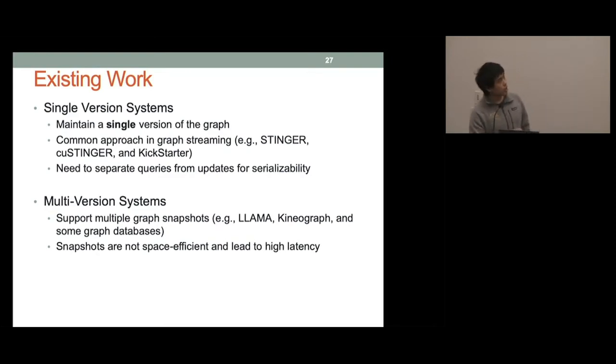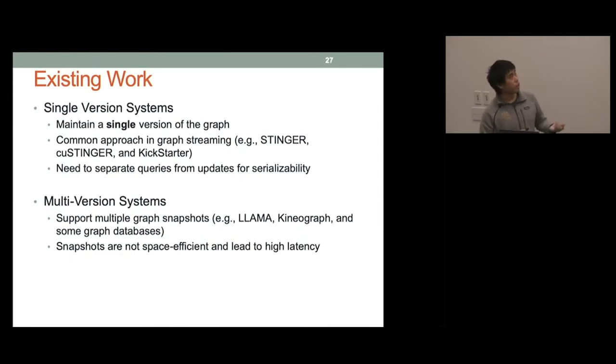However, in existing work, the snapshots they use are not space efficient. They basically just copy the entire graph, so the space needed is linear in the size of the whole graph. It's very expensive to create, so they can't create these snapshots too often. And this leads to high latency for the updates, because it's going to take a long time from when an update happens to when it actually gets reflected in the latest snapshot.